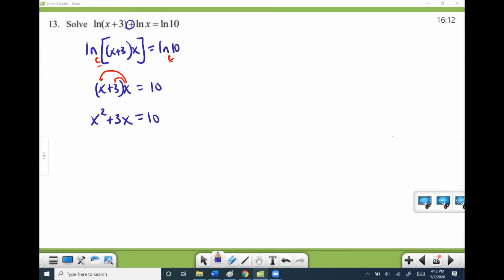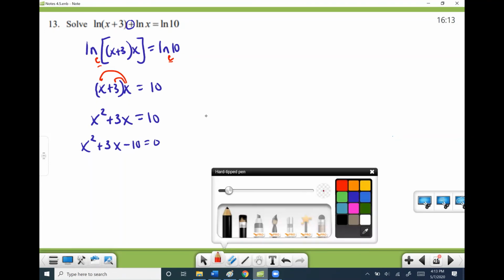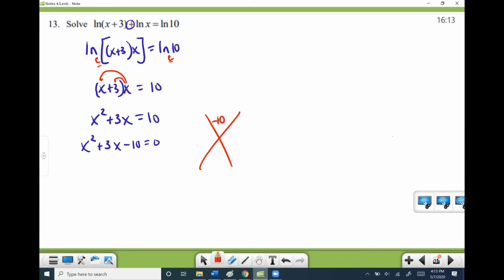Yep. So we're going to move it over so we have a 0. So move the 10 over, make it negative. And you guys said factor. Perfect. So we need factors of -10 that add up to 3. Perfect, guys. 5 and -2.